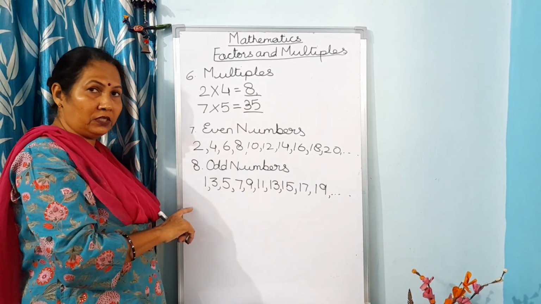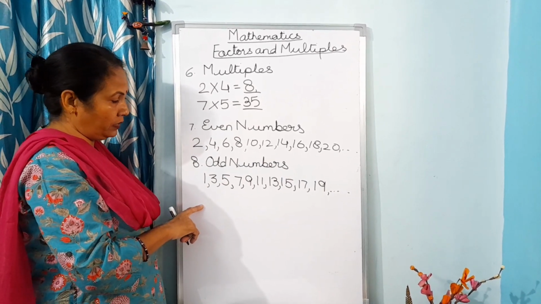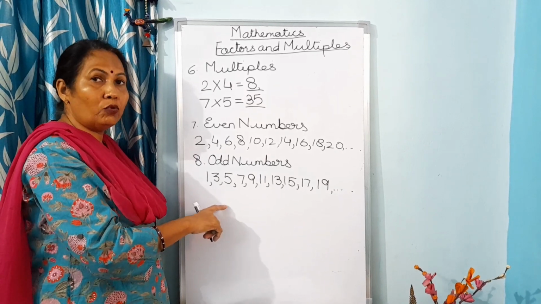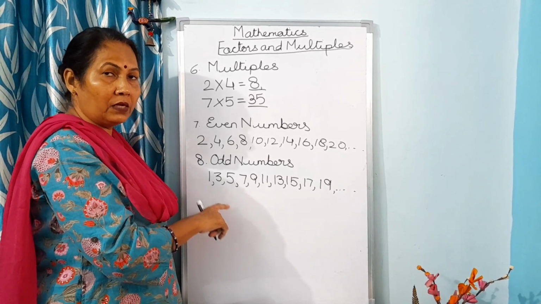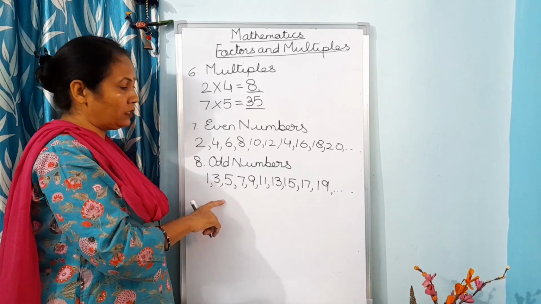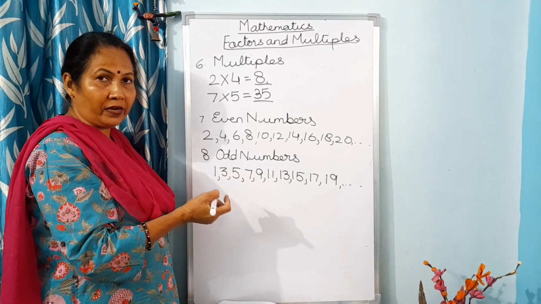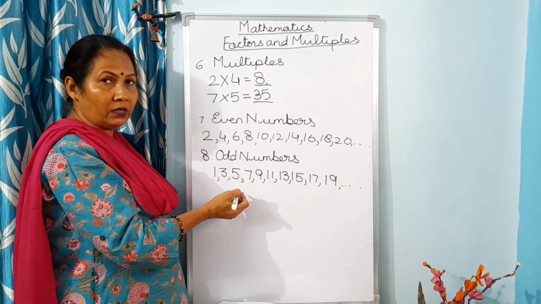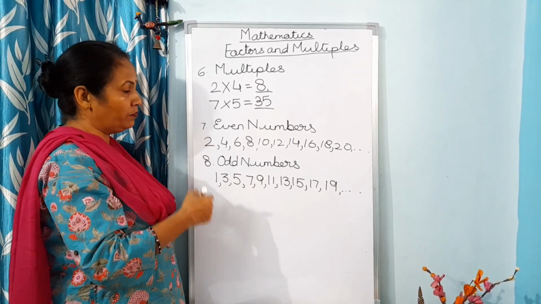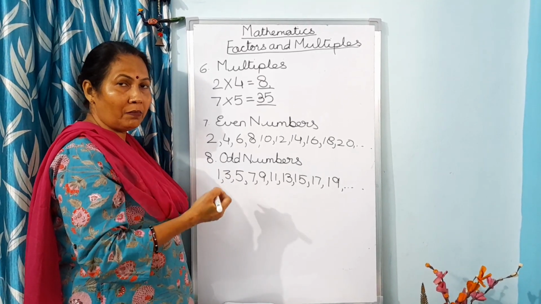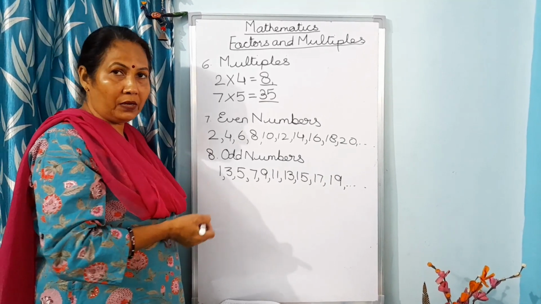Now children, you will find most of the prime numbers in odd numbers. Why? Because these numbers don't have more than 2 factors. Not all the odd numbers, but a few odd numbers come under the category of prime numbers.